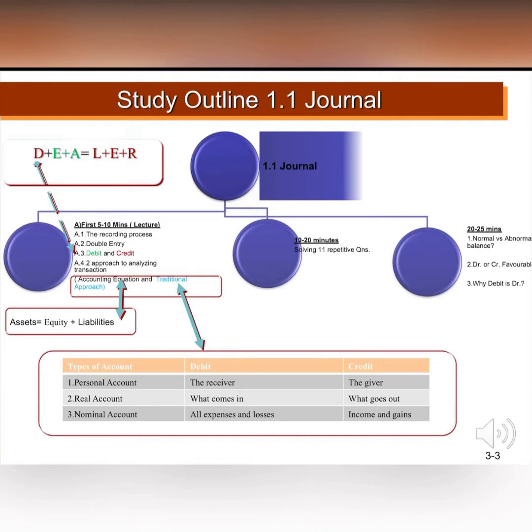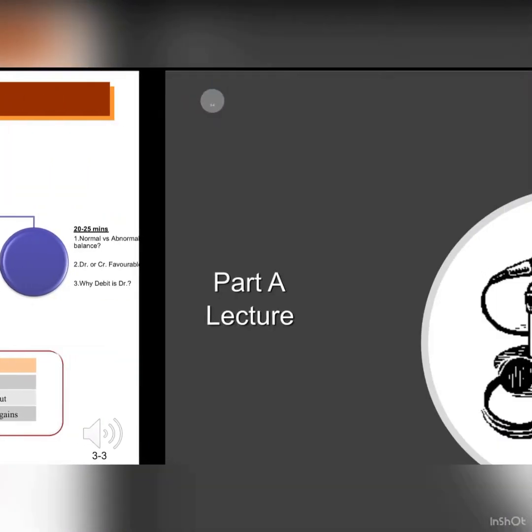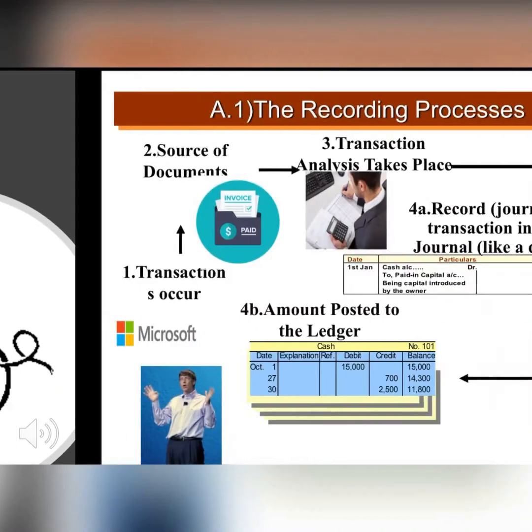There are 11 questions, and from 20 to 25 minutes I will talk about normal balance, debit and credit, which one is favorable, and why debit is debit. In fact, some of these answers you can find before 20 minutes. Okay, so here let's start the part A lecture.